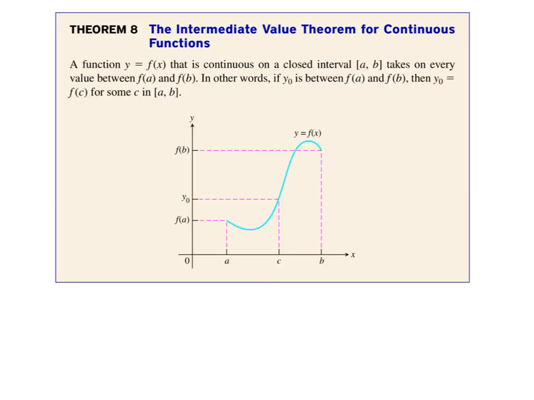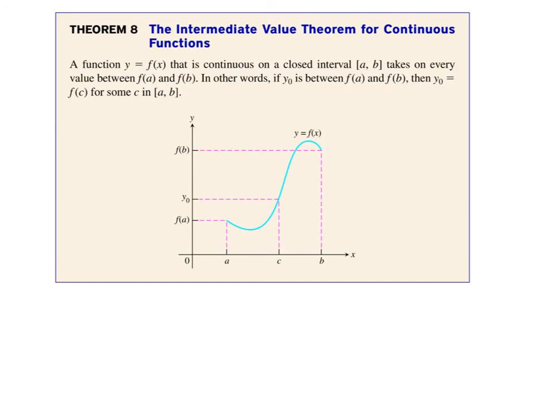The intermediate value theorem for continuous functions. Basically, if you have a continuous function from point A to point B, and C is a point in between, your outputs are going from f of A to f of B, then somewhere along there you fall in the middle along that path between f of A and f of B. It has to.